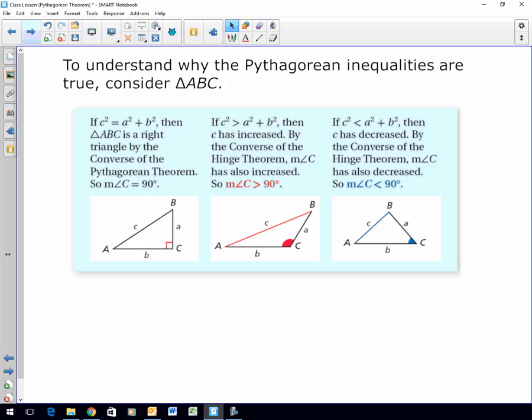What's the definition of obtuse? Between 91 and 179 degrees, correct? That's all I've got to remember.